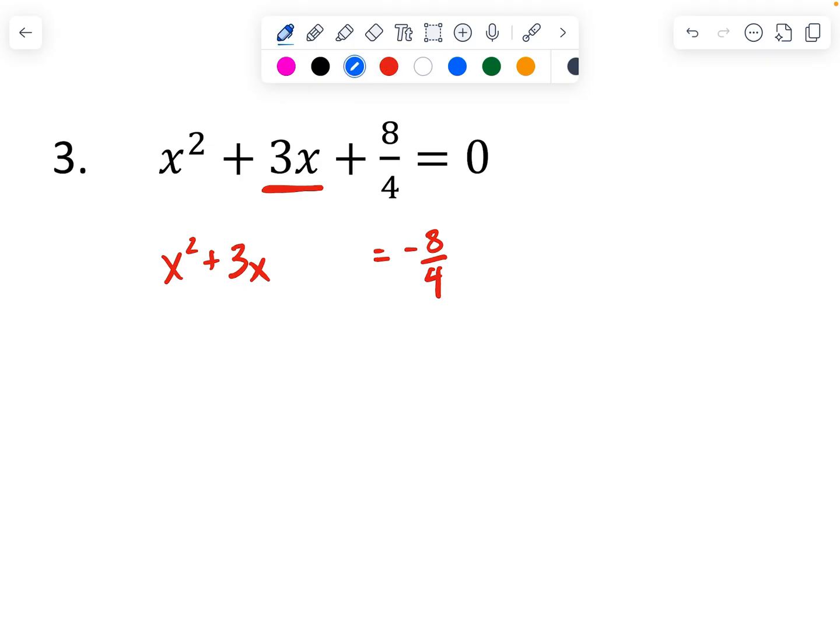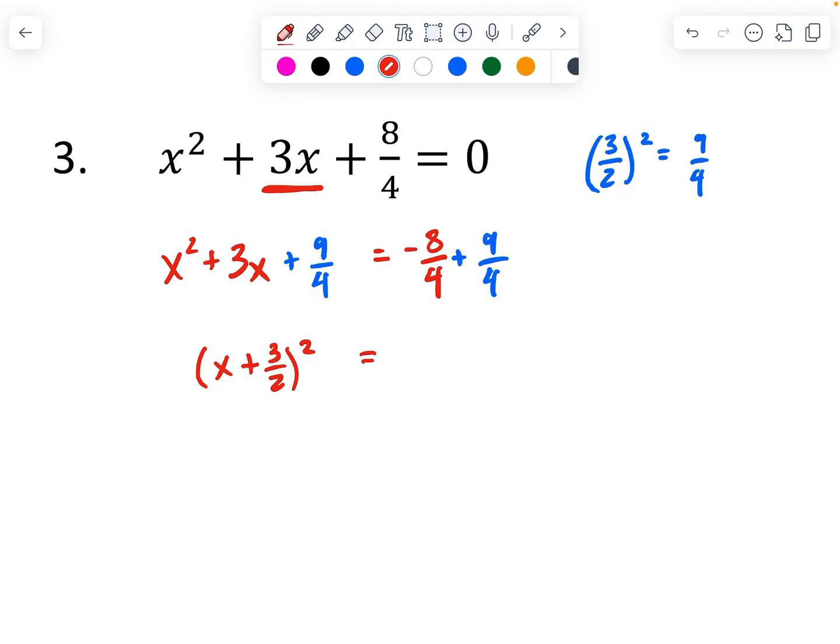So take 3 divided by 2 and square it to complete the square, and you get 9 over 4. All right, and so when you factor this, it's going to be x plus 3 over 2 squared is equal to 1 over 4. And that's why we left it as 8 over 4.